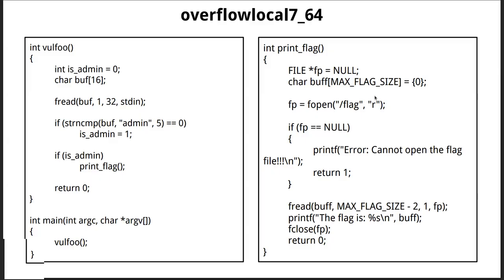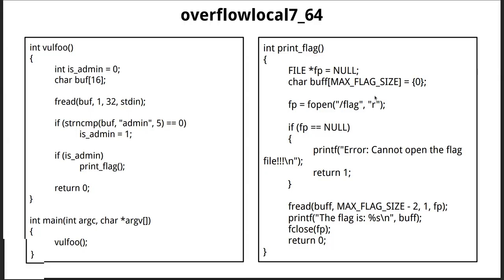After that, we have fread, reading from stdin. The fread here is carefully designed, so it will not overwrite the saved RBP or return address. It will only overwrite the is_admin local variable. The reason we have 32 bytes there is because the stack here has some alignment. The compiler will give more bytes.